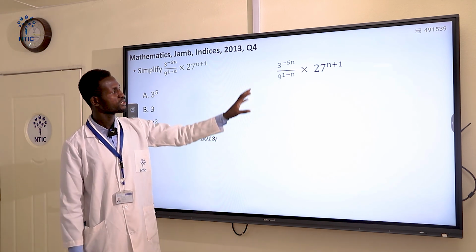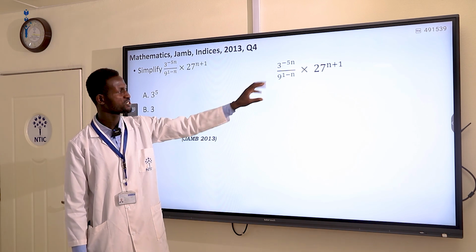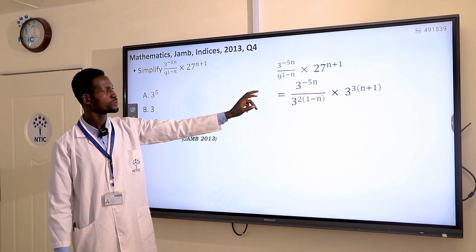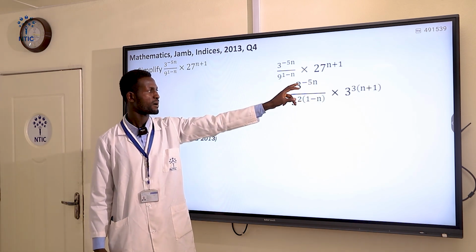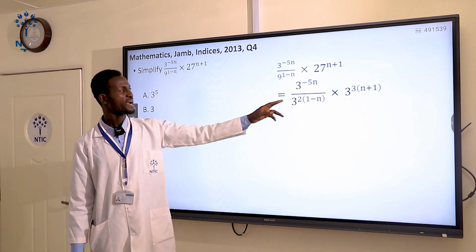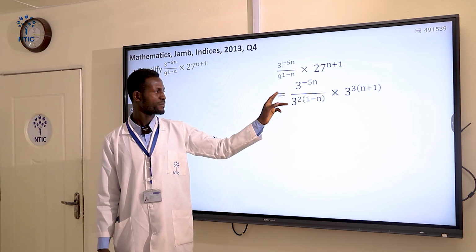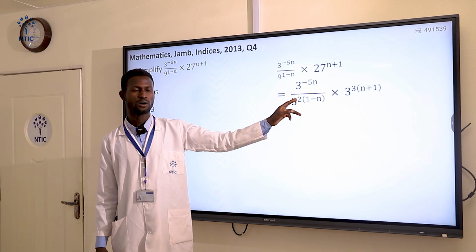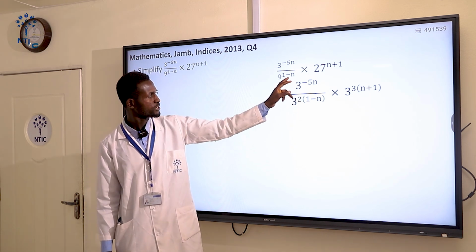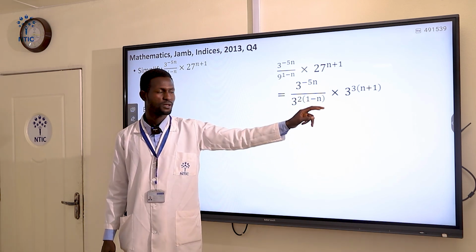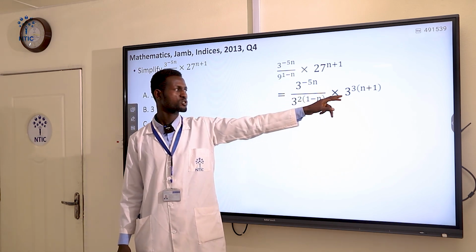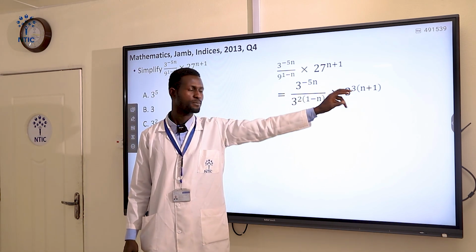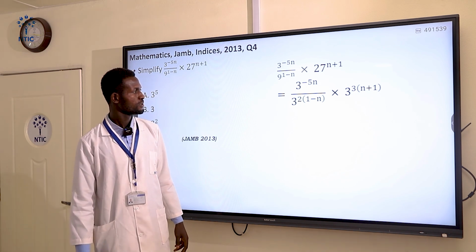One way to do this is to express each number to base 3. On doing that, we get 3 raised to power minus 5n divided by 9, as a base 3 number, is 3 raised to the power of 2, then into 1 minus n, and 27 is 3 raised to power 3, then n plus 1.